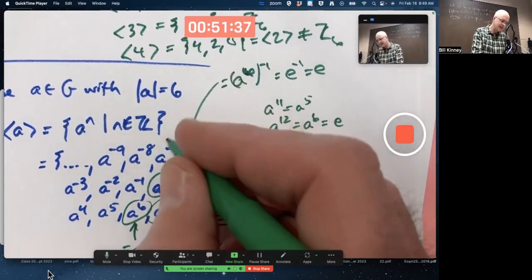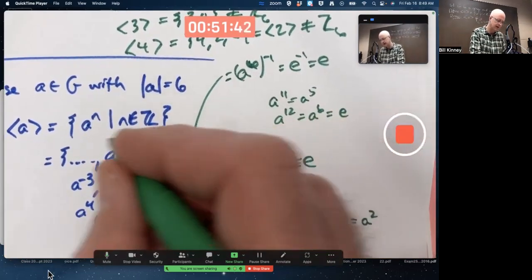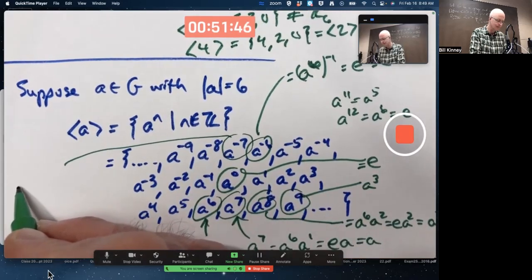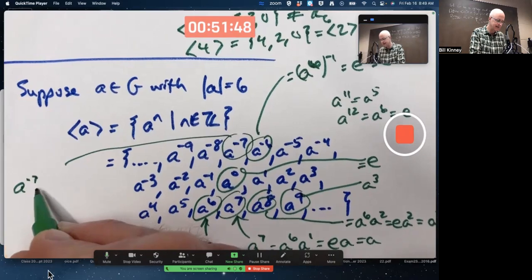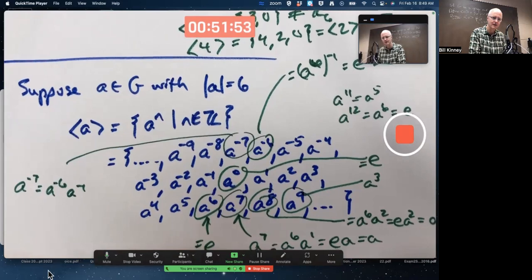What about A to the negative 7? It might be a little trickier here. A to the negative 7 is A to the negative 6 times A to the negative 1.